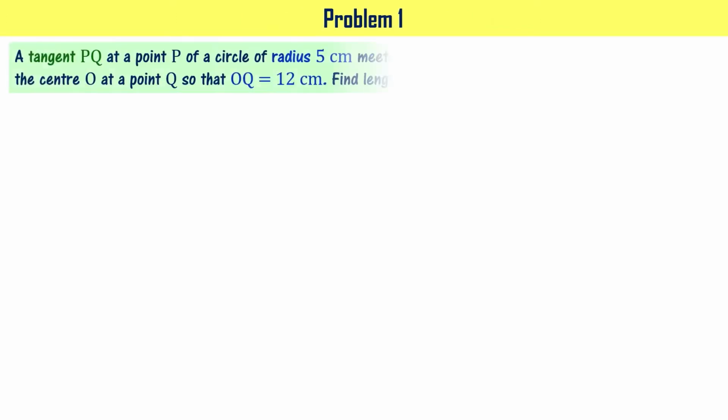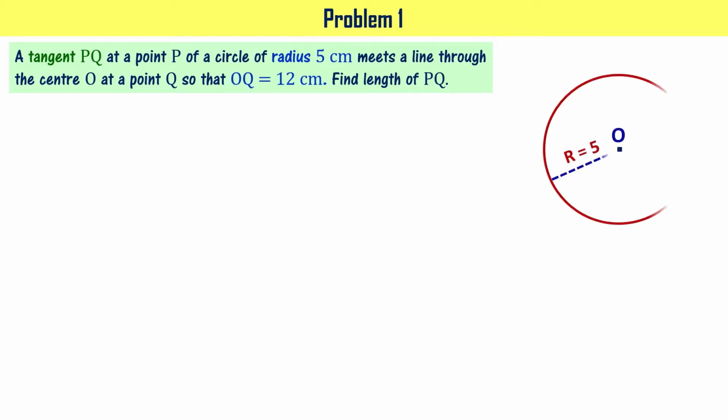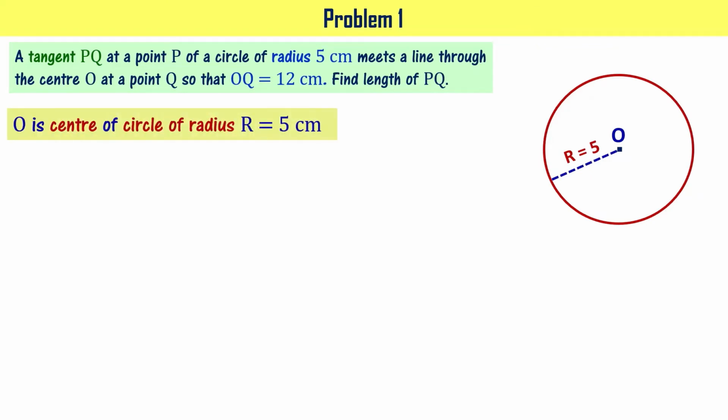Let's take a look at a few problems based on this concept. A tangent PQ at point P of a circle of radius 5 centimeters meets a line through the center O at point Q, so that OQ equal to 12 centimeters. Find the length of PQ. Here, O is the center of the circle of radius r equal to 5 centimeters.